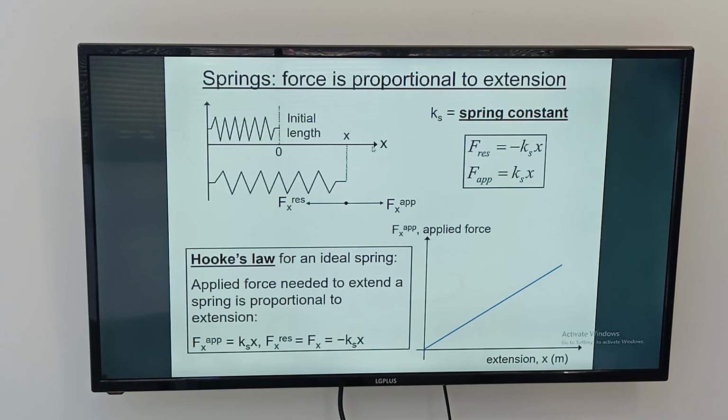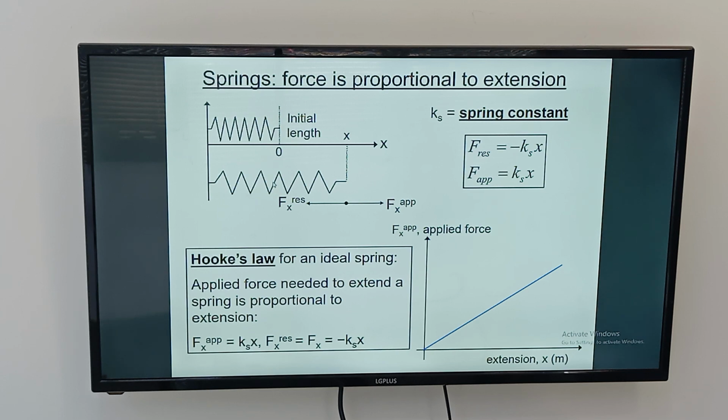On the x-axis, we're going to look at the extension or the length of the spring when the force is applied to it. Now, let's assume we apply some force to the spring right here. The spring will stretch or extend and then move backwards to its original place.